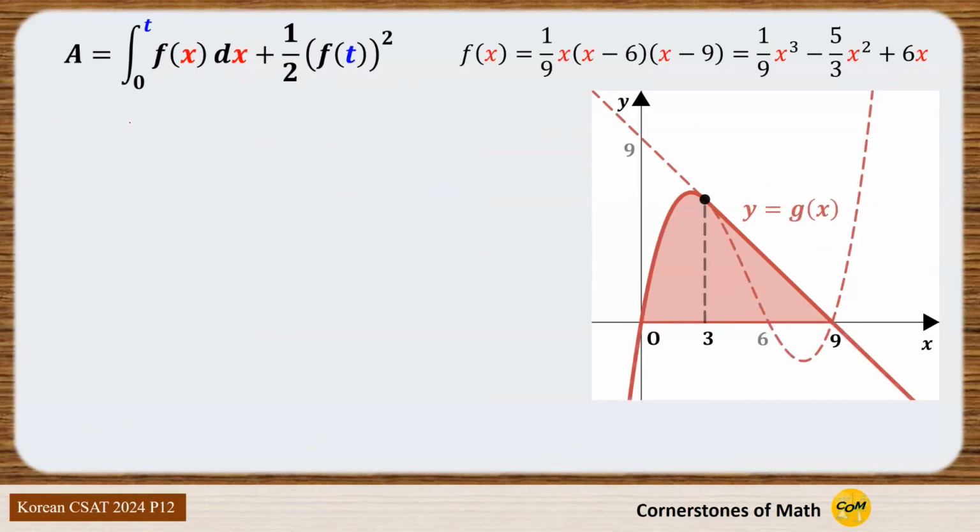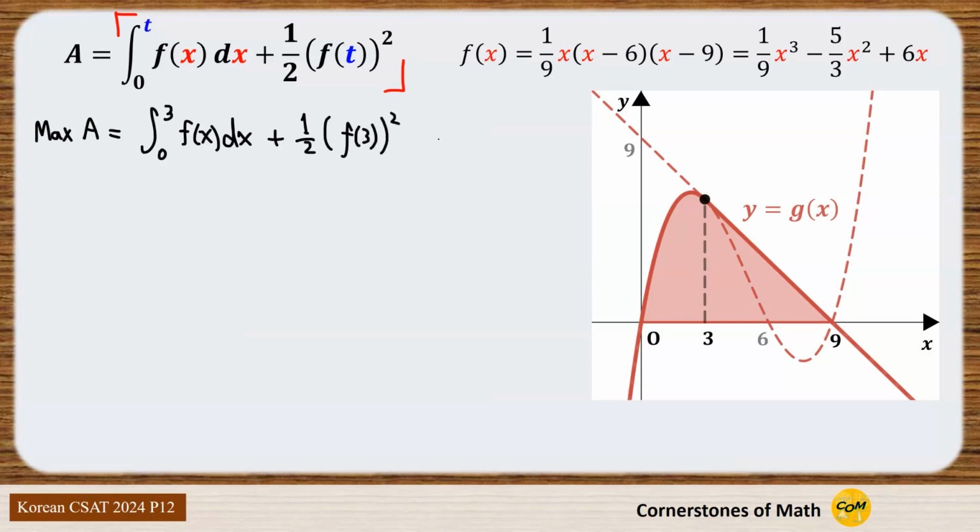And finally, let us calculate that maximum area. Using the previously obtained expression, by letting t equals 3, the maximum area is given as the integral from 0 to 3 of f(x) dx plus 1/2 f(3) squared. And from the given expression of f(x), you can easily find that f(3) equals 6.